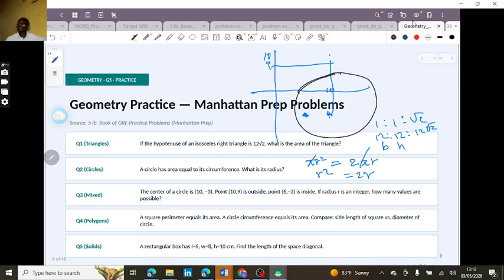So when we have sketched this, the question is asking: if radius r is an integer, how many values are possible? We know all the points. This point is outside, and this one is inside, not necessarily on the line. This is minus 3 and this is 9.